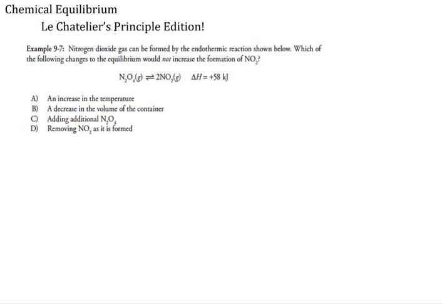Okay, so here we go. Nitrogen dioxide gas can be formed by the endothermic reaction shown below. Okay, so do you guys happen to remember what endothermic means versus exothermic? I always think it's helpful for my memory to think of them kind of together, right?